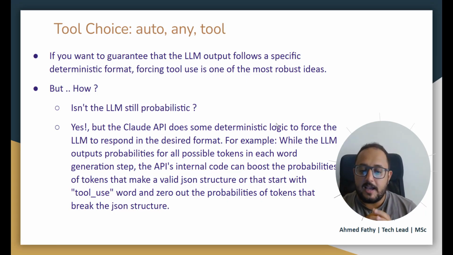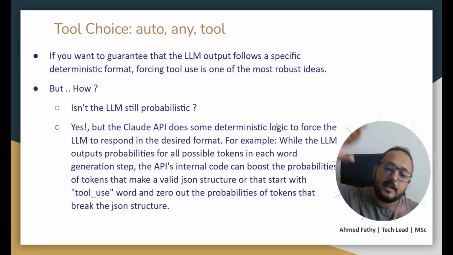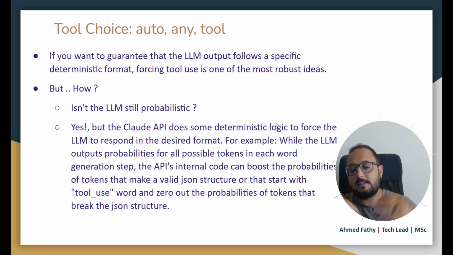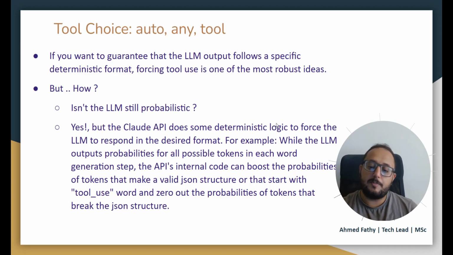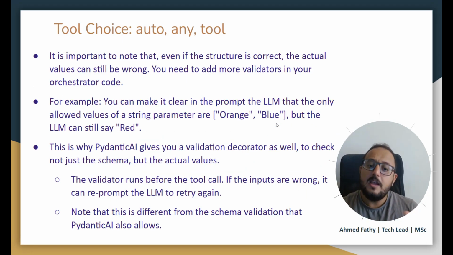For example, while the LLM outputs probabilities for all possible tokens in each word generation step, the API's internal code can boost the probabilities of tokens that make a valid JSON structure or that start with the tool use word, and zero out the probabilities of tokens that break the JSON structure. It is important to note that even if the structure is correct, the actual values can still be wrong, can still be hallucinated, right? So you need to add more validators in your orchestrator code.